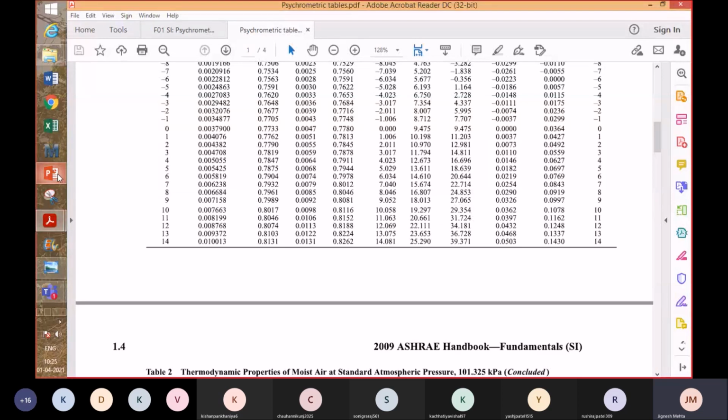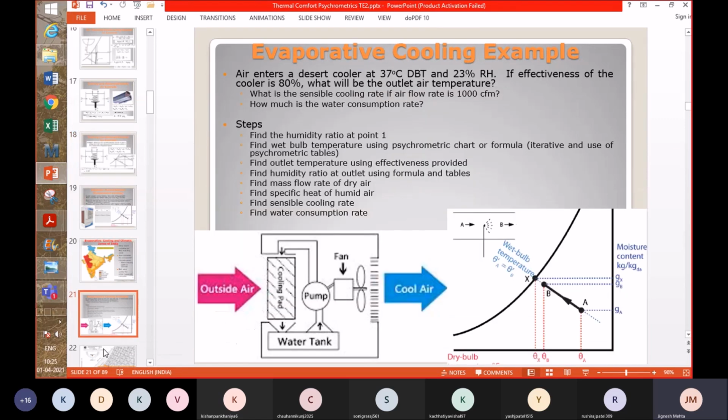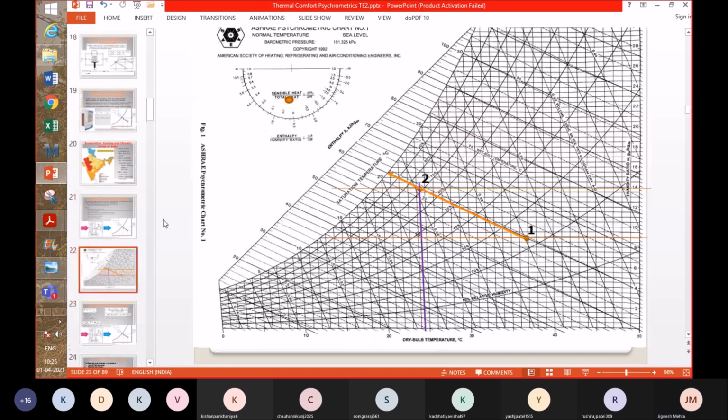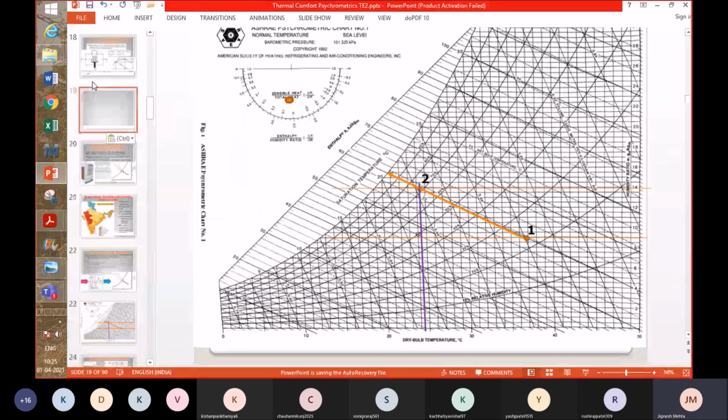Things might also be done directly with the help of the psychrometric chart, but then it will not be as accurate. What you may do on the psychrometric chart is, let me show you that. You know the initial condition: 30 degrees Celsius and 50% RH.